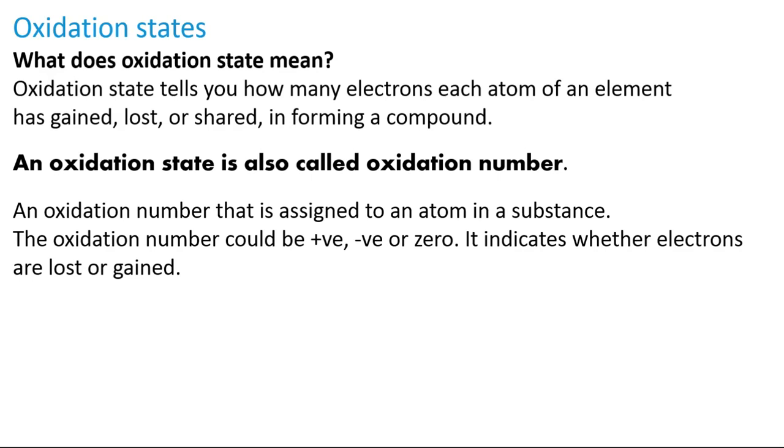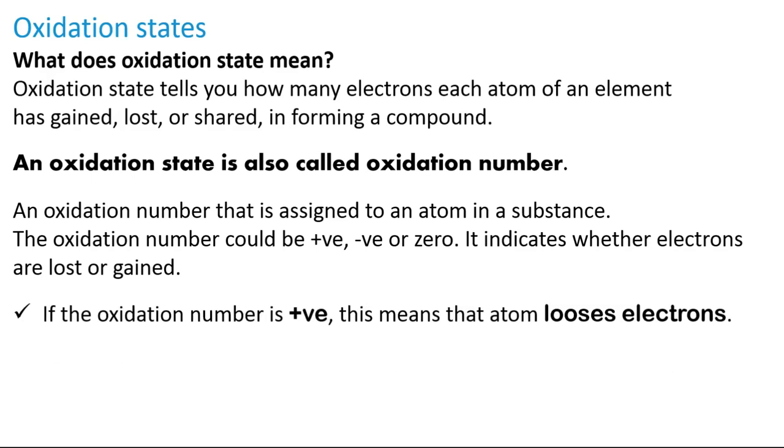Oxidation state 0 is for an element not combined with other elements. As we have seen in previous example of formation of sodium chloride, sodium and chlorine atom have 0 oxidation state or oxidation number. However, in sodium chloride, sodium has oxidation state +1 and chlorine has oxidation state -1.